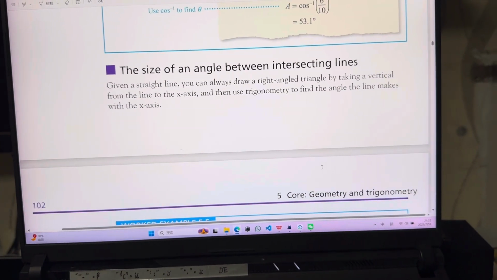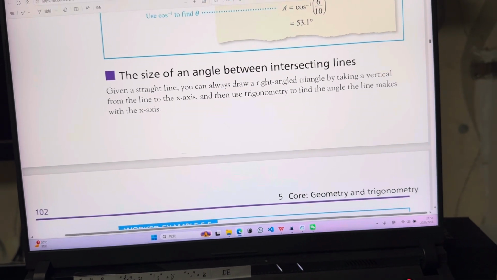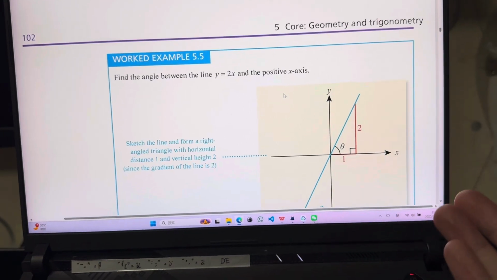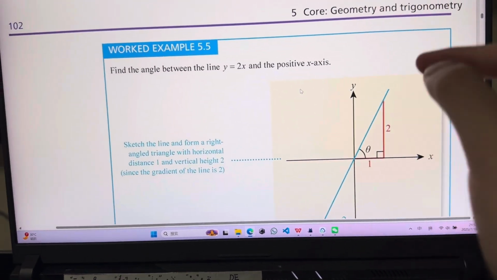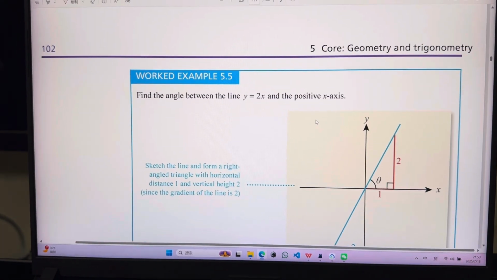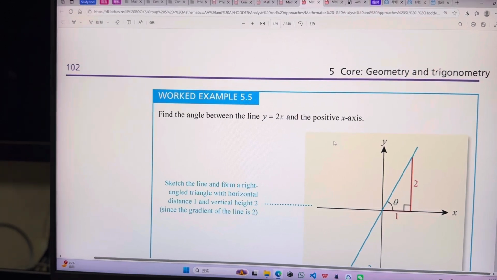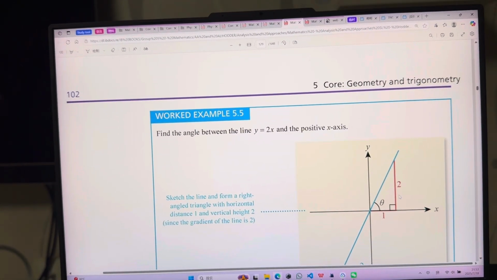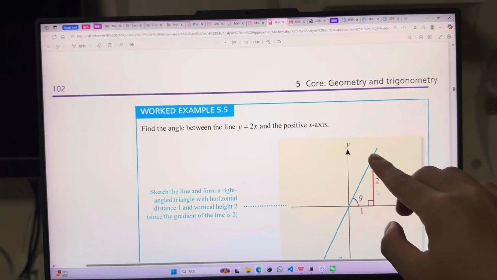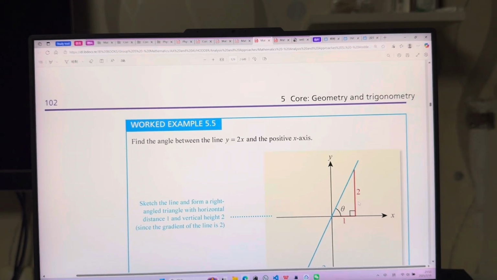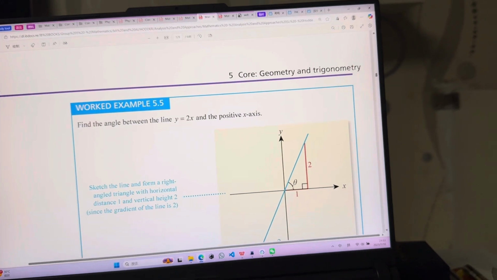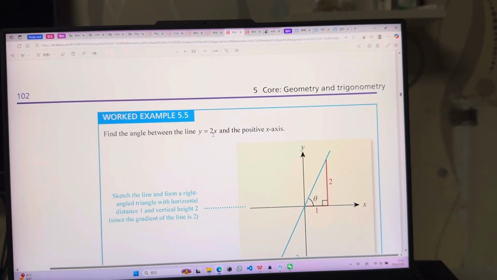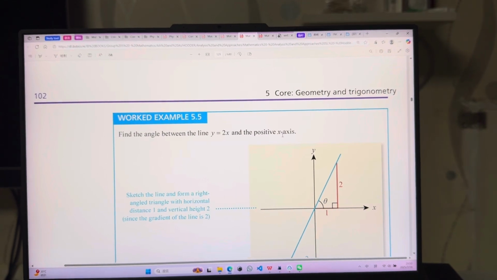And the angle between intersecting lines is really easy. Because cosine, sine, tangent, all trigonometry is based on right triangles, we just create right triangles and calculate. For example, we want to know the angle between the line y equals 2x and the positive x-axis.